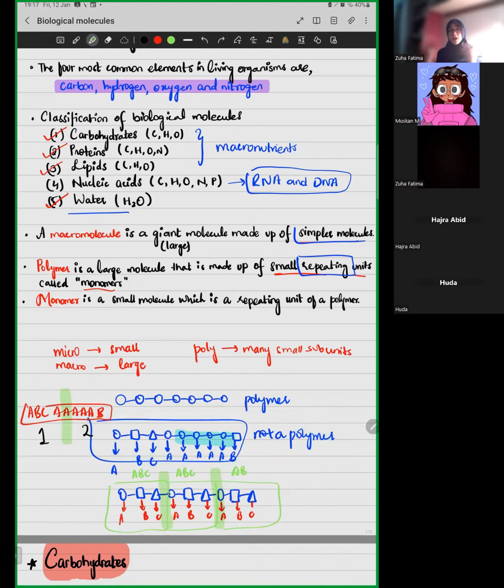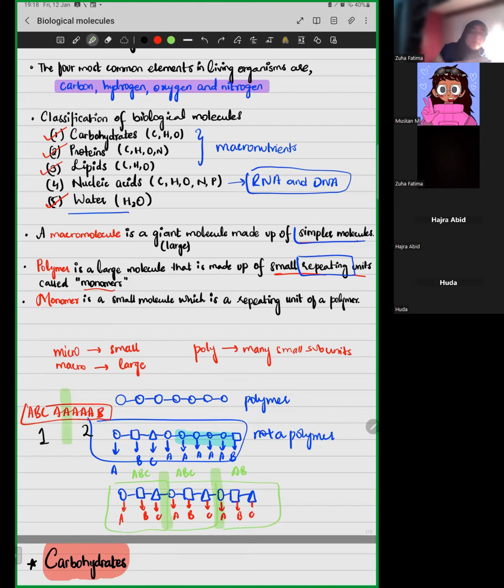Why? Because it is a large molecule made up of simpler molecules, simpler units. But because you do not observe a repeating pattern, it would just be a macromolecule and not a polymer. Is this difference between a polymer and a macromolecule clear to all of you?